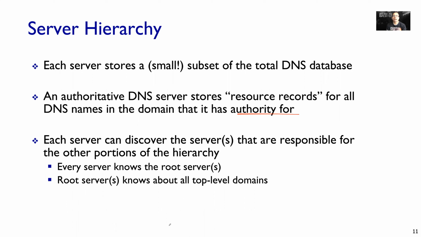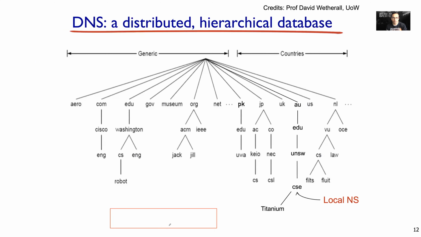And then the question is, how do you navigate this mapping if you want to actually resolve a particular query, right? You start off at the root basically, and then you keep moving down till you get an answer. I'll quickly show you this in this slide, and I'll revisit it after the break. Let's say I'm trying to find a mapping for robot.cs.washington.edu, and let's say I'm sitting here on the CSE network.